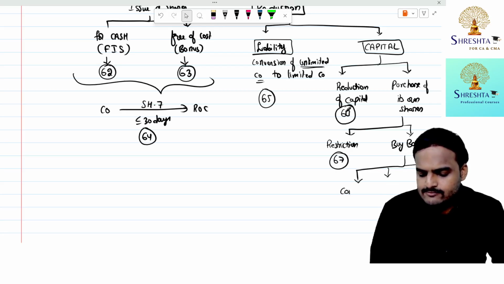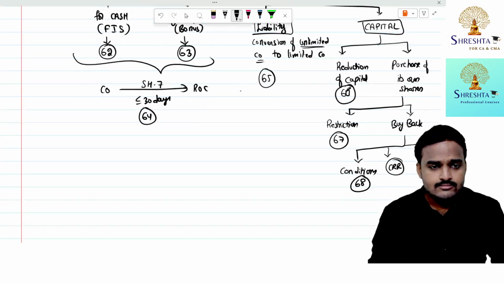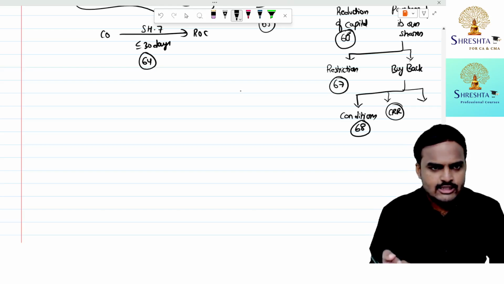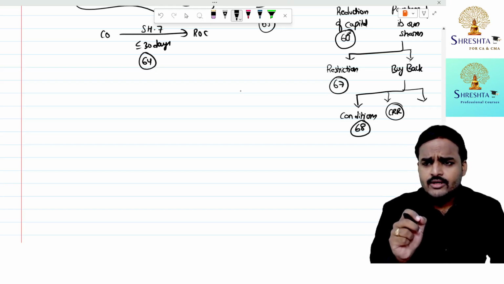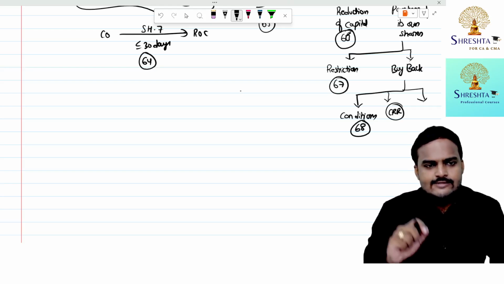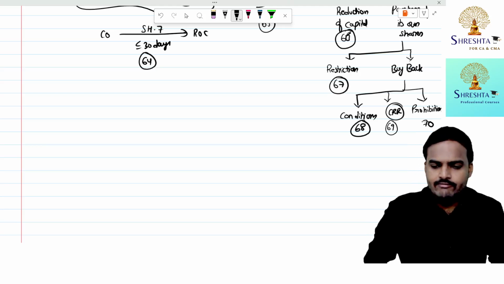One is conditions for making buyback of securities, 68. When you choose divisible profits for buyback of shares, then an amount equivalent to the nominal value of shares so bought back shall be transferred to capital redemption reserve account, section 69. And cases where buyback is prohibited, prohibition on buyback, that is section 70.